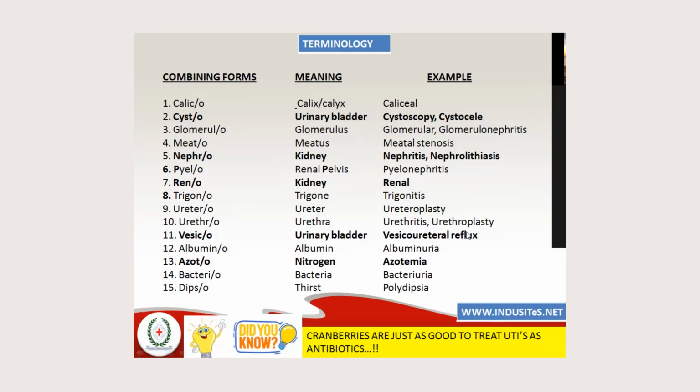Here, reflux stands for regurgitation, or you can say backflow. So backflow of the urine from the urinary bladder to the kidneys via ureters. Ureteral is ureter, vesico is urinary bladder. So this condition is called vesico-ureteral reflux.